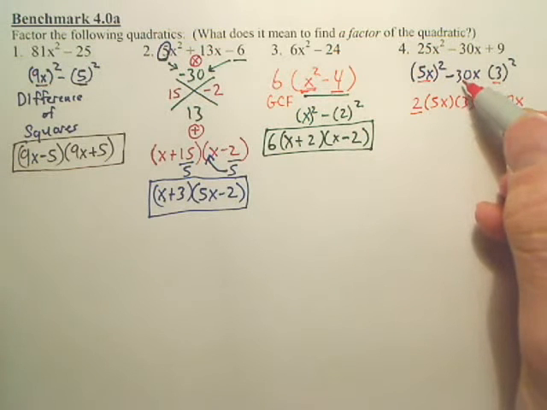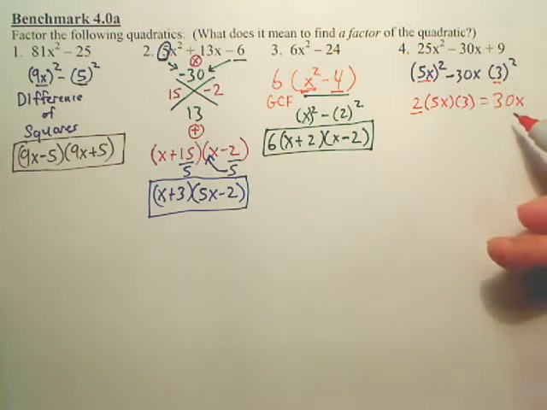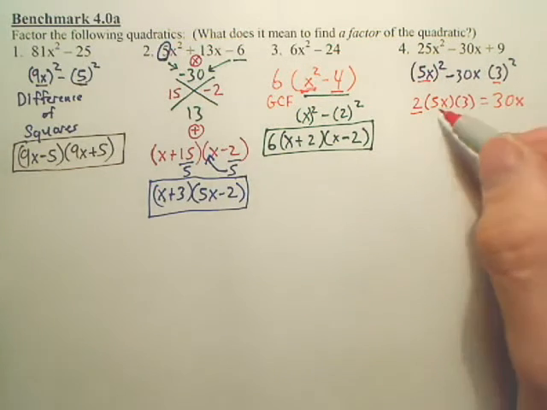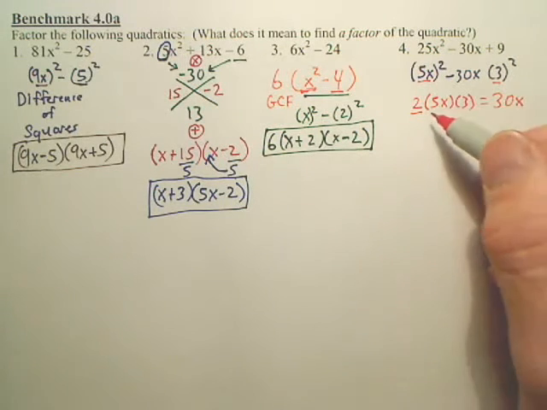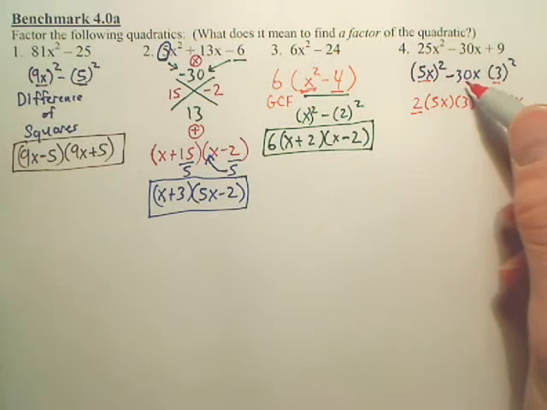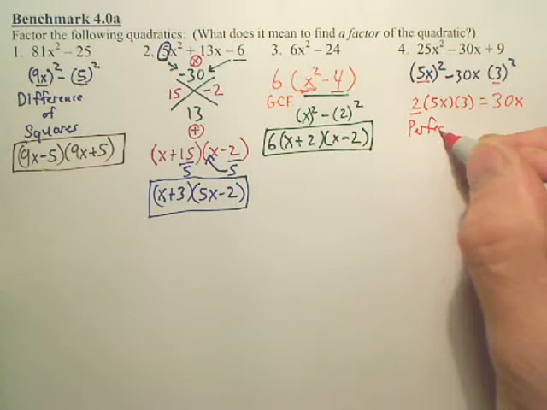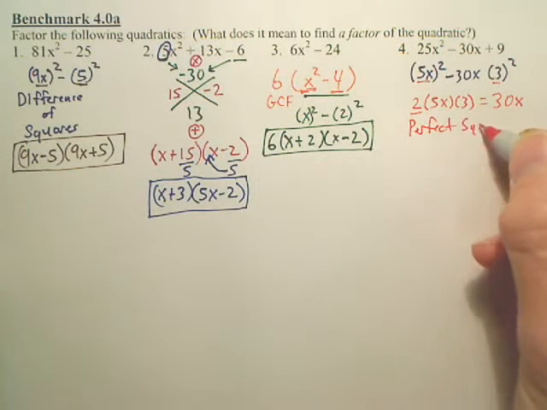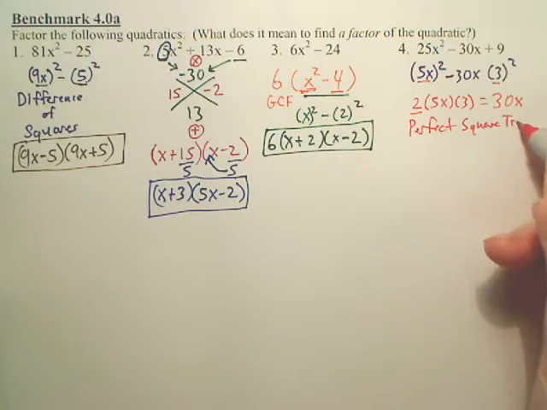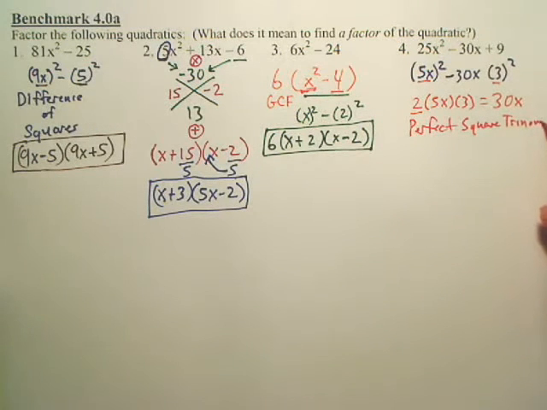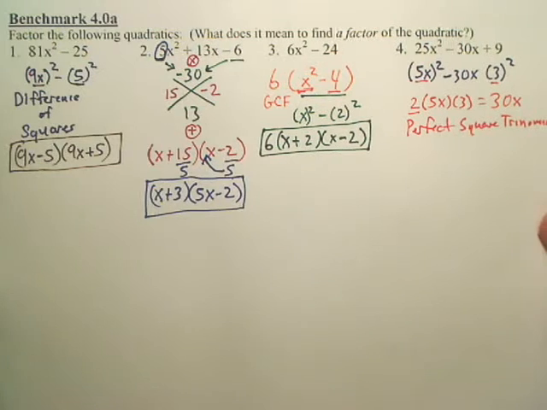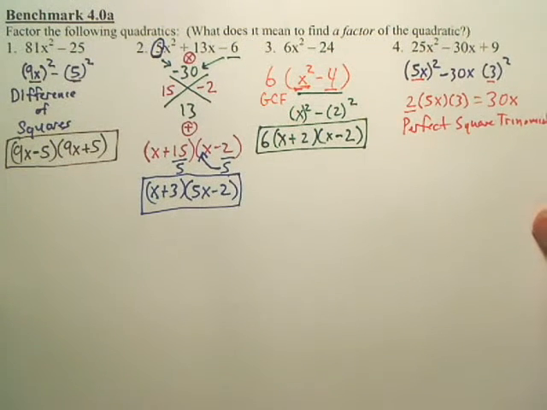Does that match the middle number? Yes, it's just negative, but don't worry about that for now. If when you multiply this times this and double it, it matches the middle, it is called a perfect square trinomial.